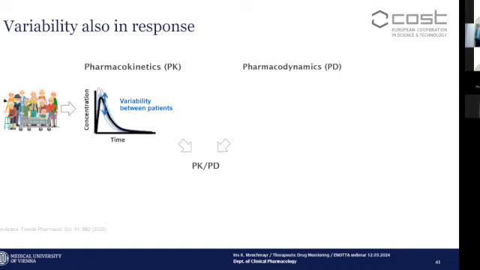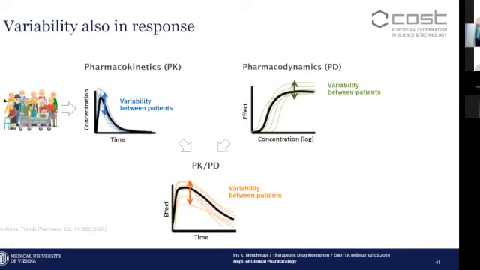We have seen that traditionally TDM has centered on measuring concentrations for drugs with high pharmacokinetic variability between patients. But of course, variability also extends to drug effects, which makes pharmacodynamic targets an attractive option for TDM as well.